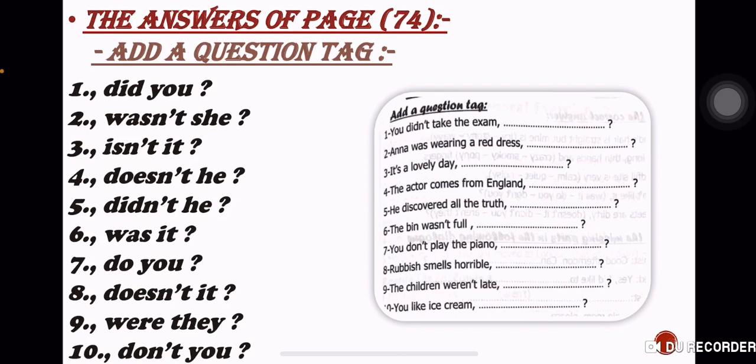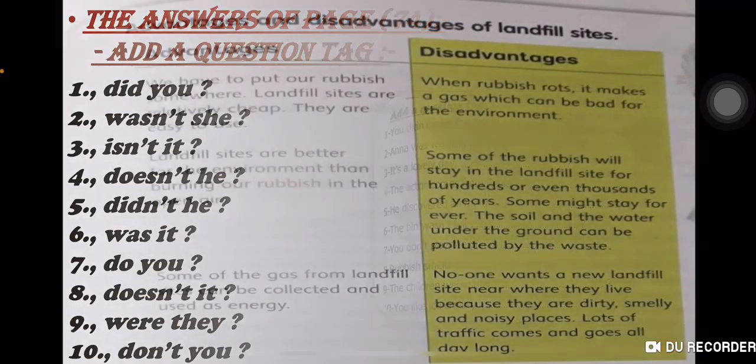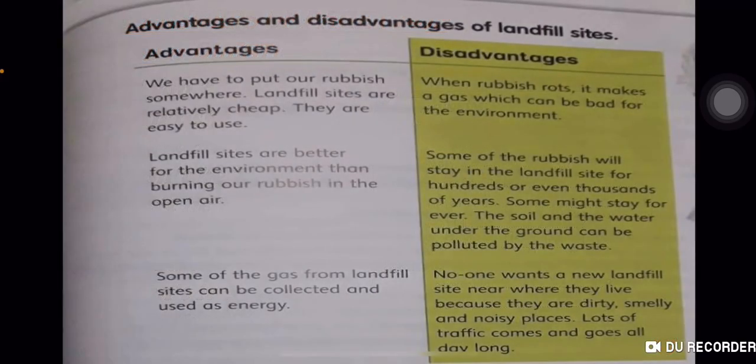Number 5, he discovered all the truth. The answer will be didn't he. Number 6, the pen wasn't full, so the answer will be was it. Number 7, you don't play the piano, so the answer will be do you.